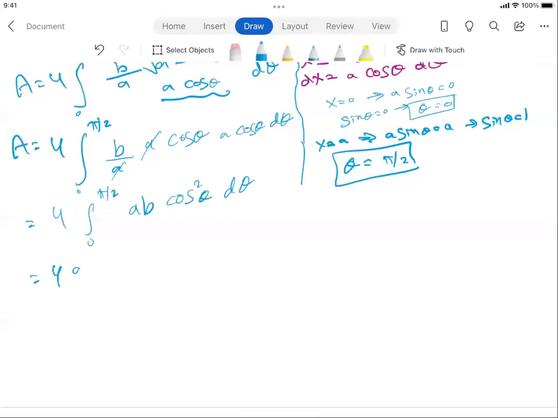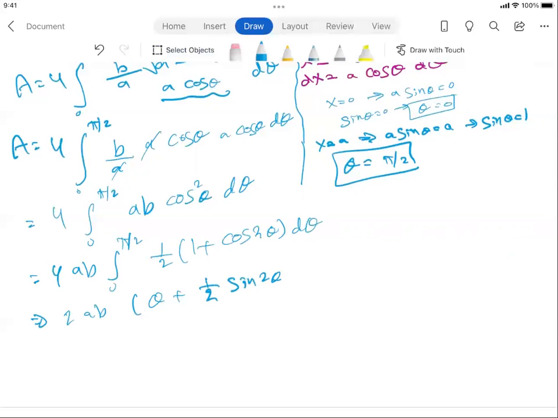So for ab, the integral from 0 to pi over 2, cosine square of theta is 1/2 times 1 plus cosine of 2 theta d theta. Then 1/2 with the 4 cancels out, you get 2ab. The integral of 1 is theta, plus the integral of cosine of 2 theta is 1/2 sine of 2 theta, from 0 to pi over 2.